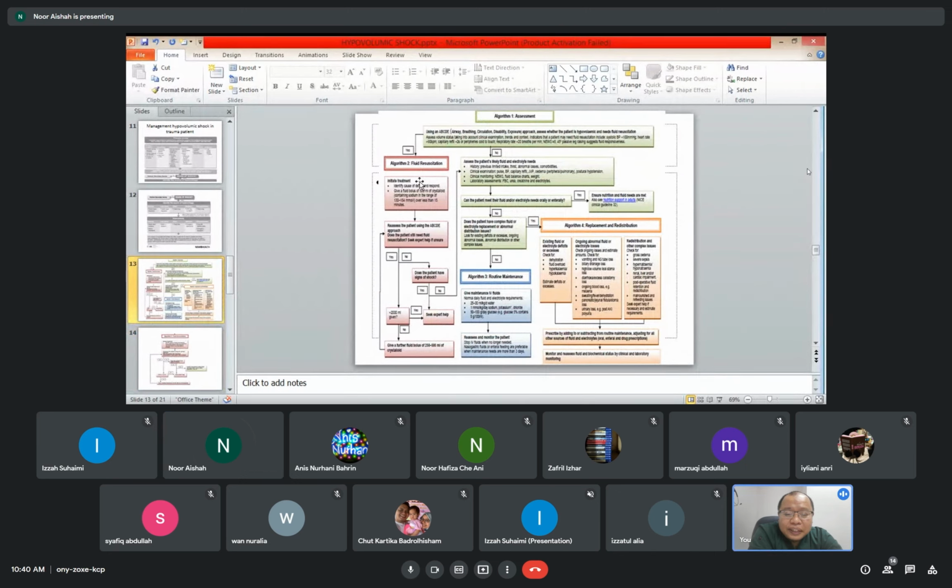Okay. So benda ni it's useful lah, tapi sebenarnya bila cerita pasal hypovolemic shock ni, biasanya orang akan fokus ke hemorrhagic shock. Sebab commonly what you see in ED ni, hypovolemic shock ni secondary to trauma, patient bleeding. So focus should be on trauma lah, especially the class 1, class 2, class 3, class 4 shock. Okay.